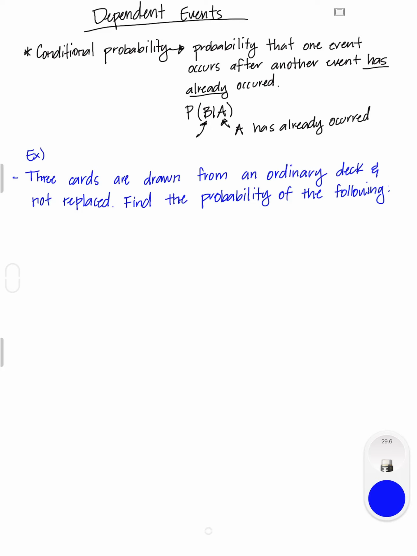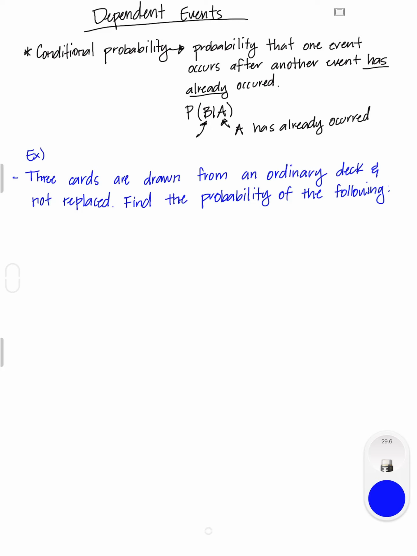And this has to do with dependent events because we are stating that the probability of one event is being affected by the occurrence of another event, right? I'm gonna go over the formula for conditional probability later. In this video, I want to go over some examples for finding the probability of dependent events.